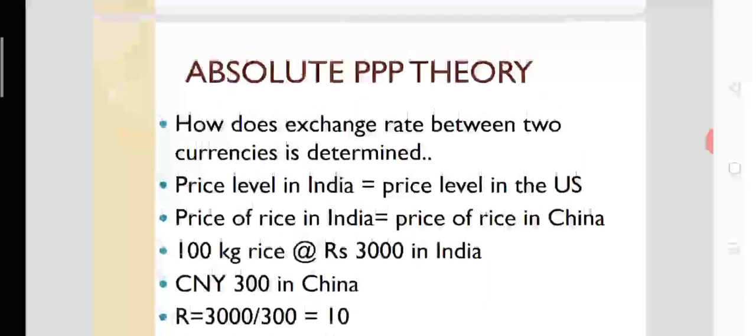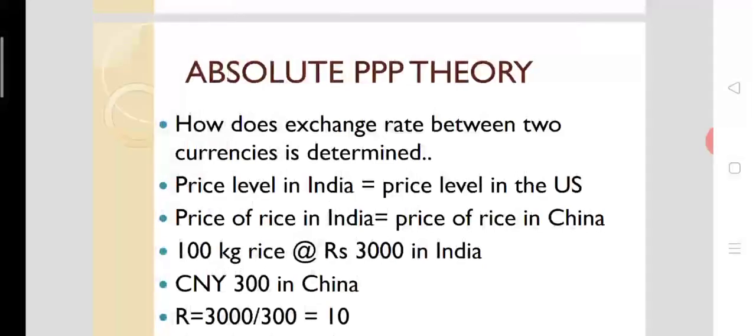Then India's exchange rate can be calculated by 3,000 by 300. 3,000 rupees is the price of 100 kg rice in India. The same rice with the same quantity is priced 300 Chinese yuan in China. Then India's exchange rate: 1 Chinese yuan is equal to 3,000 by 300, that is 10. That means 1 Chinese yuan is equal to 10 Indian rupees.